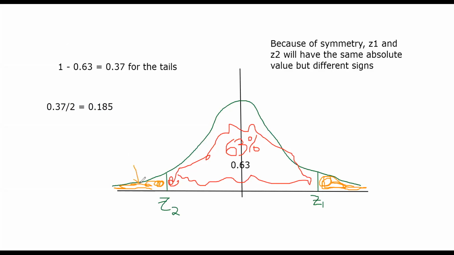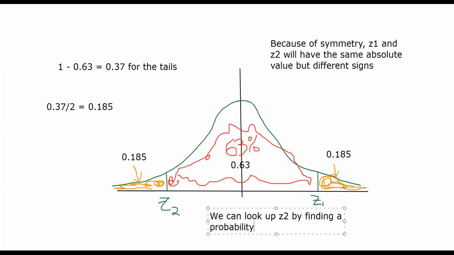So 0.185 of the area falls in here, and 0.185 of the area falls in here, thanks to symmetry. So now we can look up Z2, which is one of the z-scores we need, by finding a probability of 0.185 and looking at the corresponding z-score.